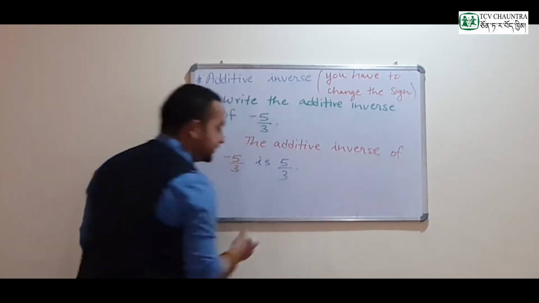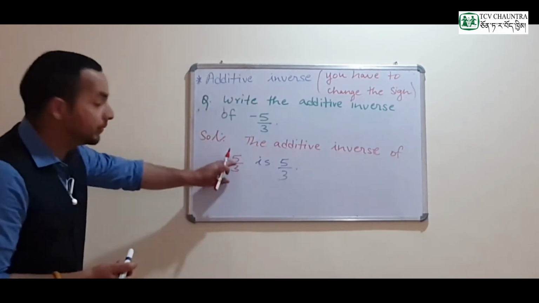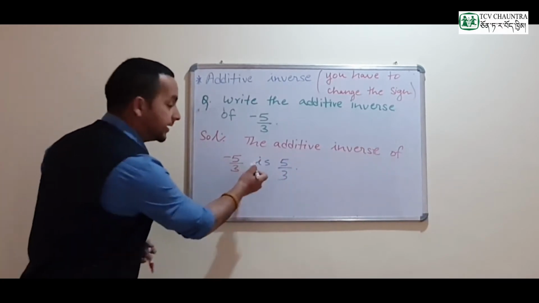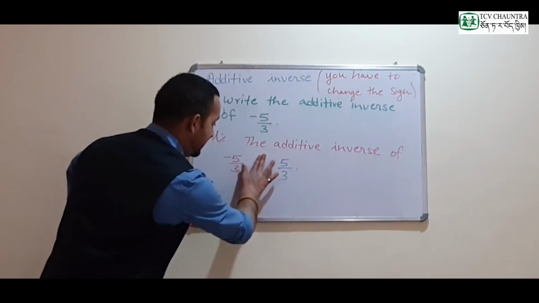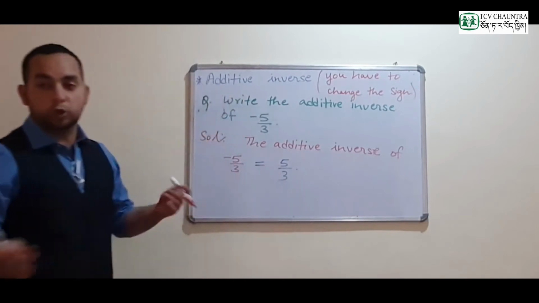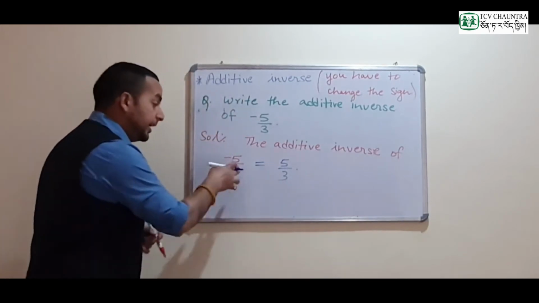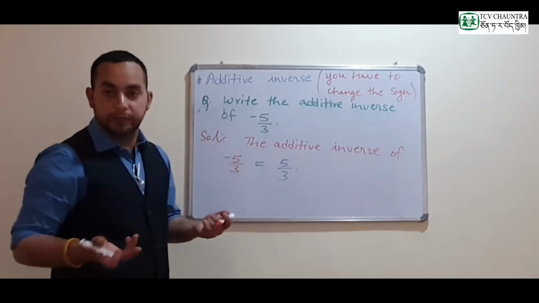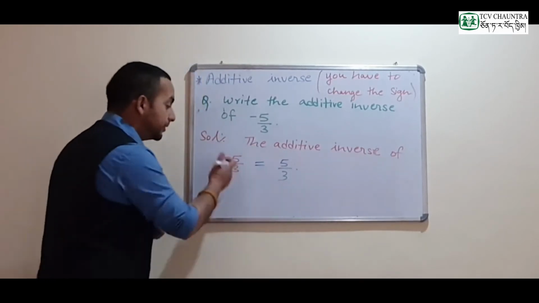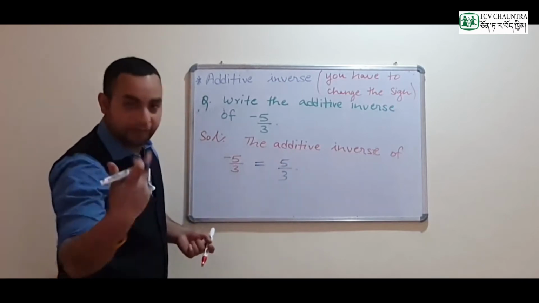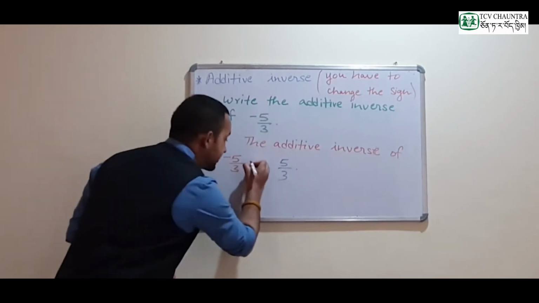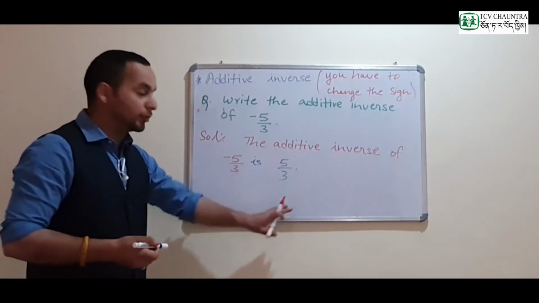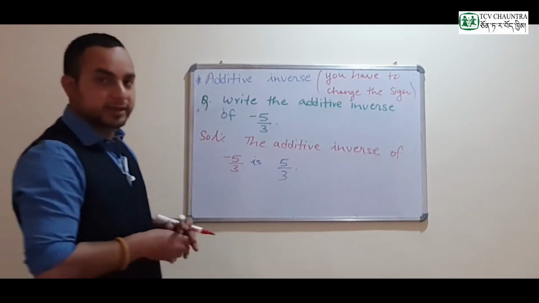If you write it like this, with an equals sign, then it is wrong. Why is it wrong? Because it indicates that negative 5 upon 3 is equal to 5 upon 3, but that is totally wrong. That's why you write it in a sentence form, like this: the additive inverse of negative 5 upon 3 is 5 upon 3. Understood?